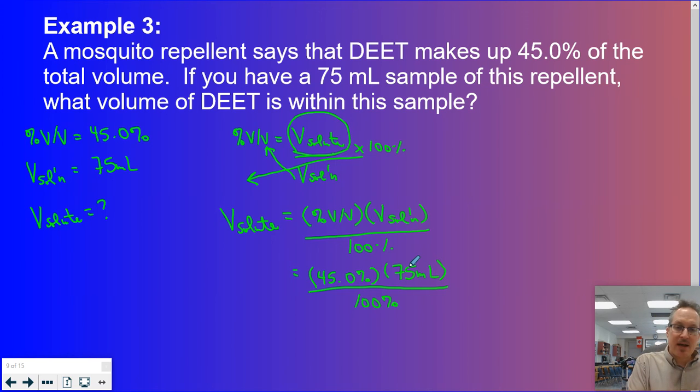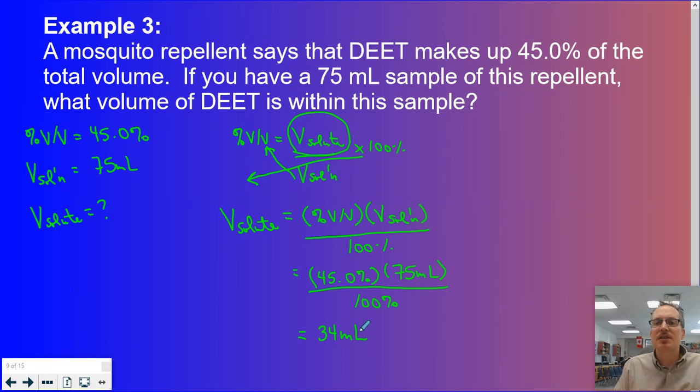So 45.0 times 75, enter, divided by 100. Again, I go back to the question, 3 sig figs, 2 sig figs. So my answer is going to be in 2 sig digs. So I'm going to round it to 34 milliliters.